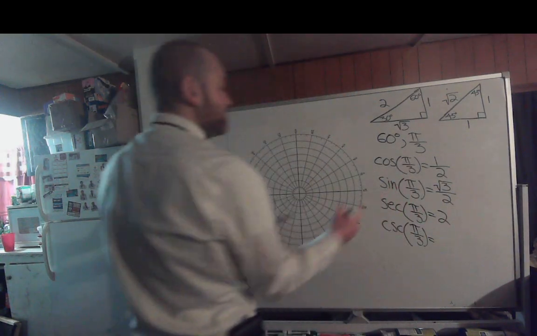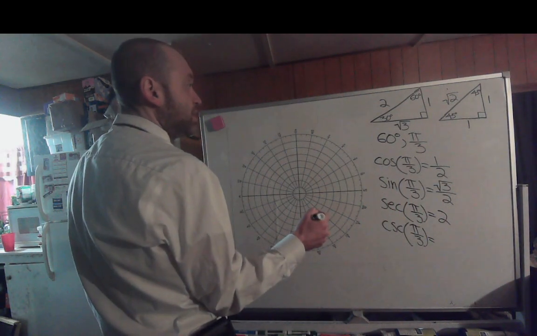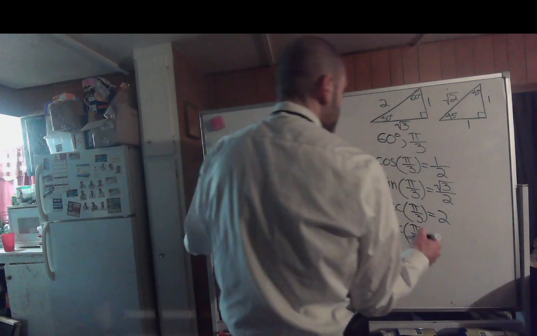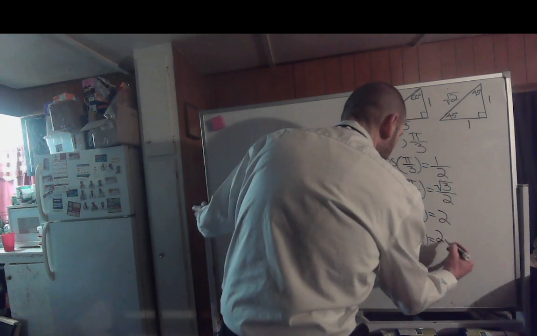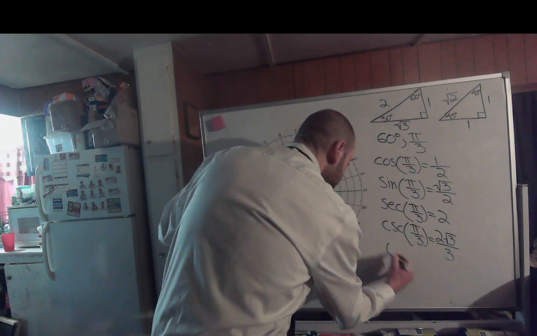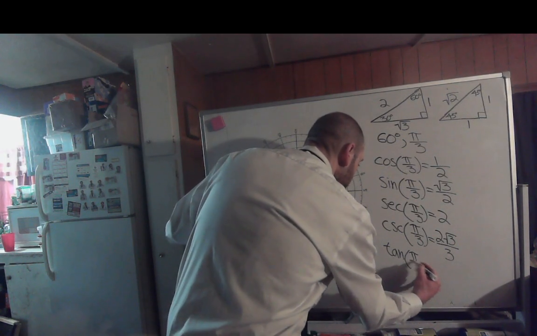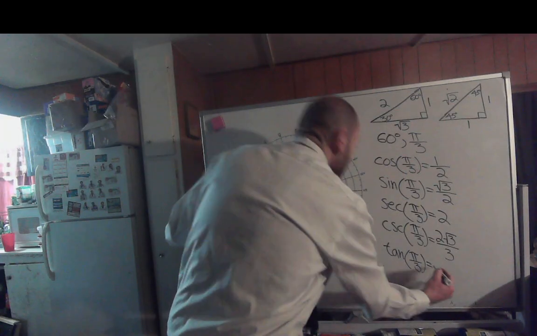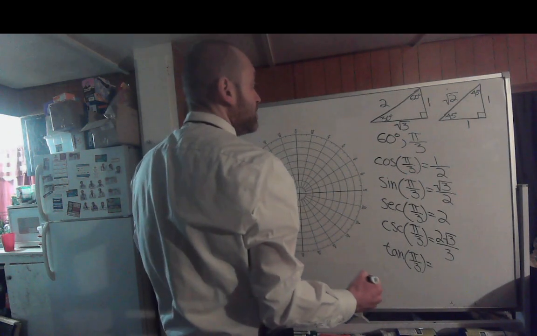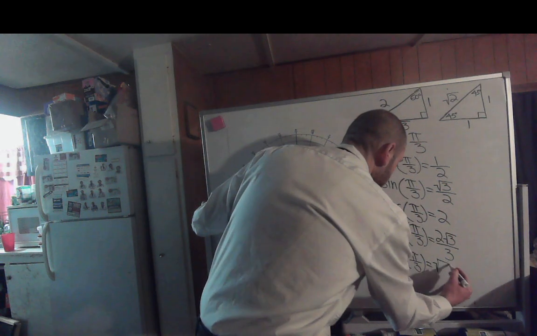That's just 1 divided by sine, which would end up being 2 times the square root of 3 over 3. Now let's find the tangent of pi over 3. That's sine over cosine, which would end up just being the square root of 3.